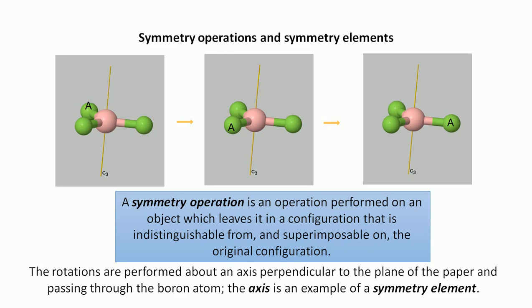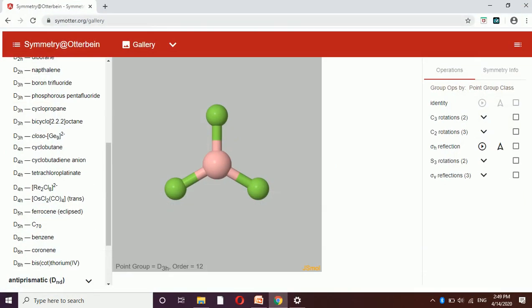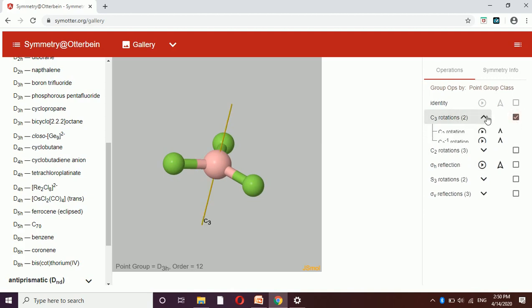Let me take you to a website developed by Oregon University. They will give you a live demonstration of the same thing we have done here. This is the boron trifluoride molecule, BF3 molecule, and let me mark the C3 axis or the rotation axis which we have taken.